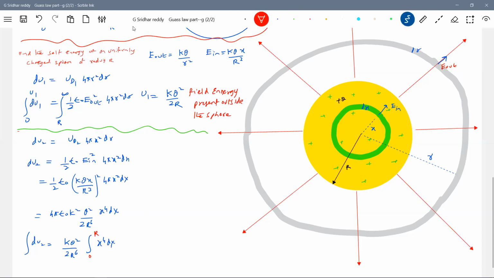Okay, solving this we will end up with U2 is equal to kq square by 2 R to the power of 6, this will become R to the power of 5 by 5. Final answer, kq square by 10R.